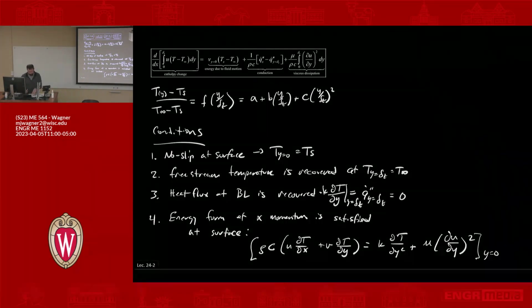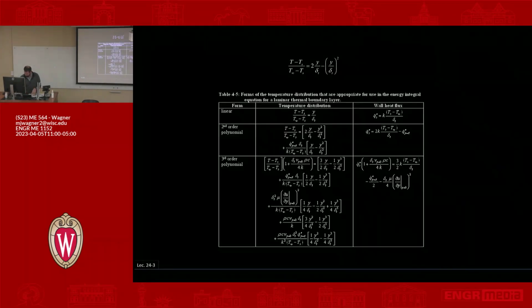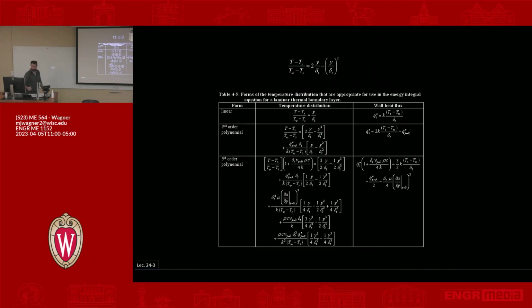You end up with the equation written on the next slide. The temperature in non-dimensional form is equal to 2y over delta t minus y over delta t squared. So we have our temperature related to the thermal boundary layer thickness. Again, the same thing as before.